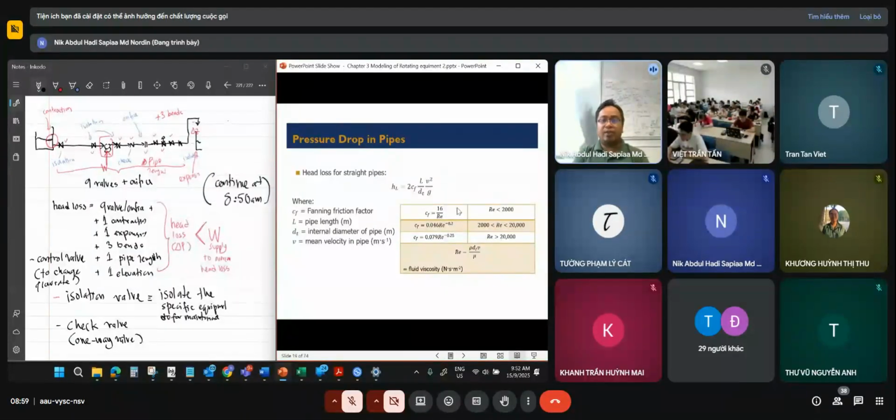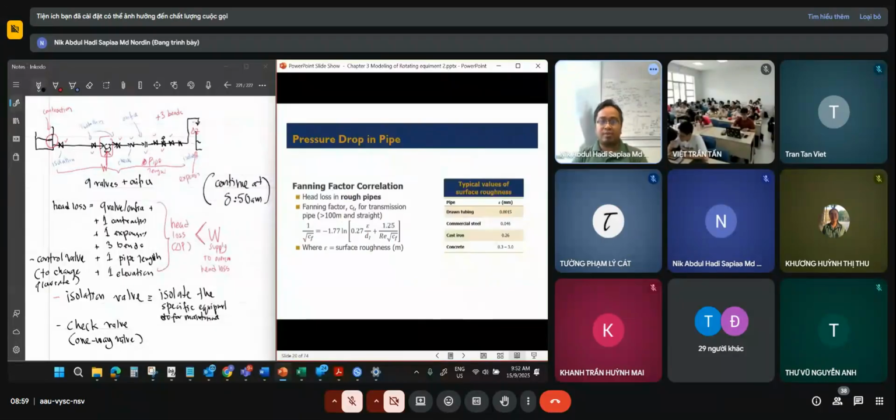So that is for the straight pipes. That is for the smooth pipe actually. So if we have a rough pipe, we will use a different Cf factor where we need to take consideration of our surface roughness.